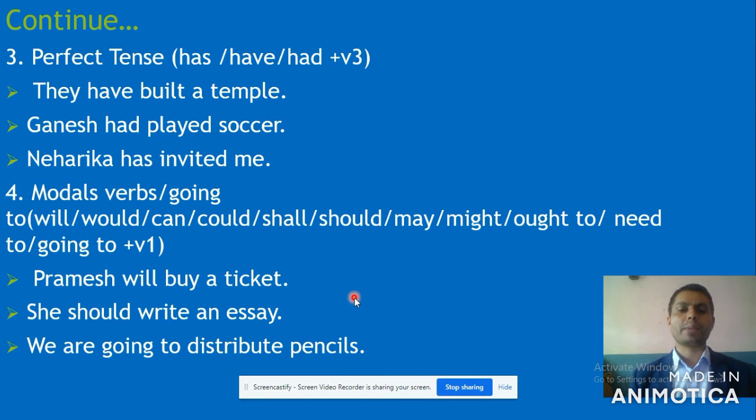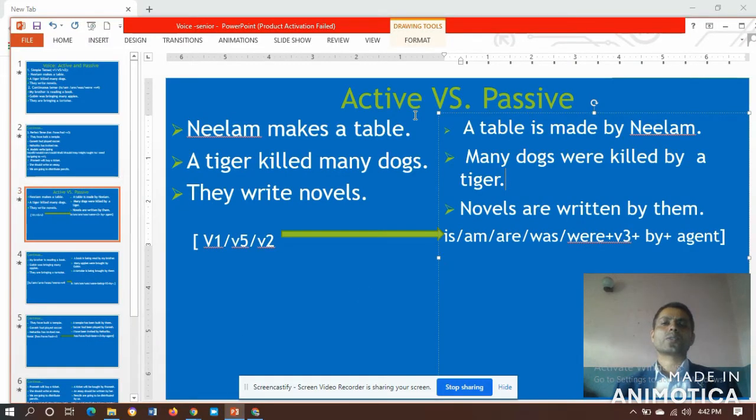Because of that, you will be able to know which category the sentences belong to. Very first, your target must be to identify which category number the sentence belongs to. Then after that, we will be able to change it, as I already taught you. Very first you must find out the category.